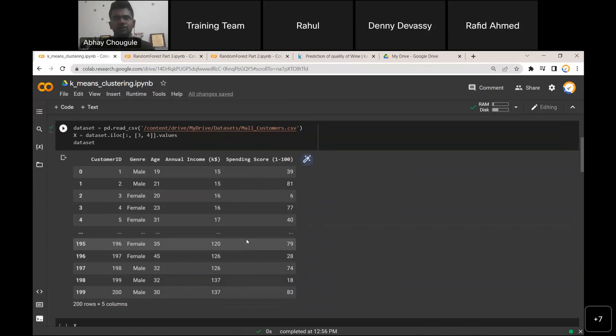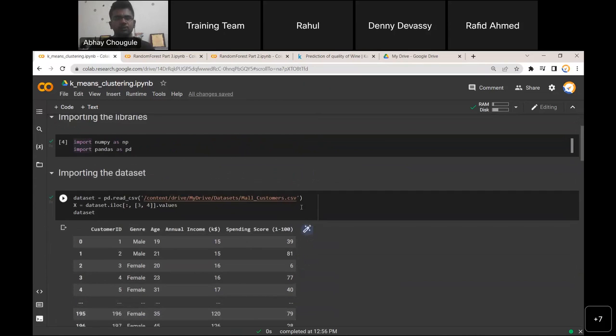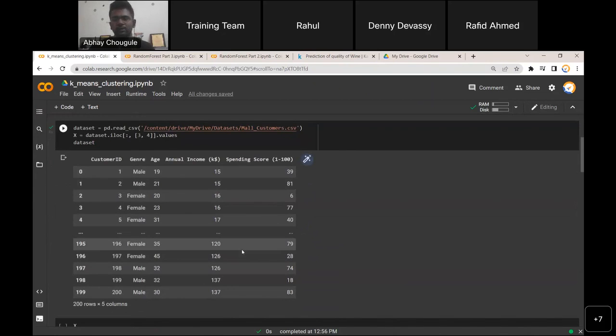Suppose there are mall customers, and you only get observation points. You have to make categories of the customers, but you will not get prediction values. If I make groups of these customers, you cannot say that spending score or annual income is the dependent variable.